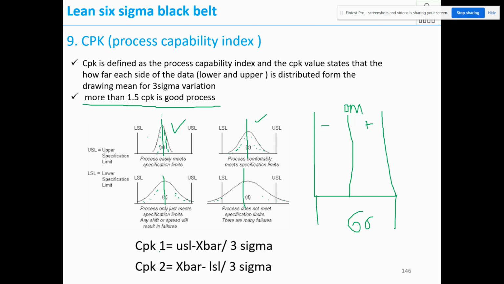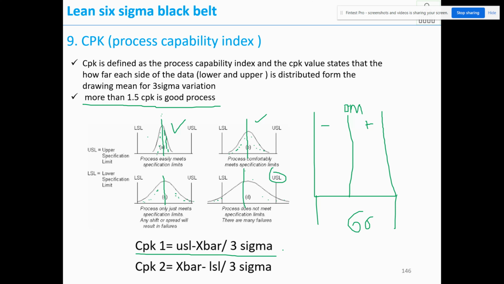From the drawing mean the data went out of spec, therefore the CPK will be less as well as CP will be less. Now the formula for CPK is CPK1, that is towards upper side, USL minus X bar divided by 3 sigma. USL minus X bar, that is process mean, divided by the 3 sigma variation. Why 3 sigma variation? We are going to do separately for USL and LSL from the process mean.